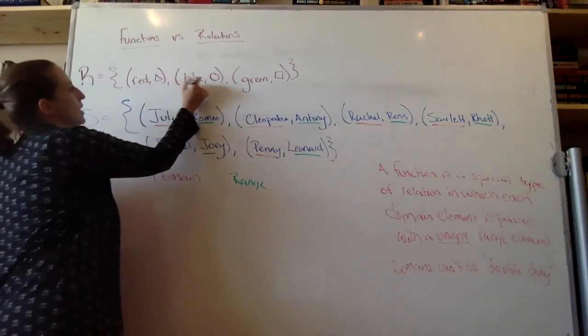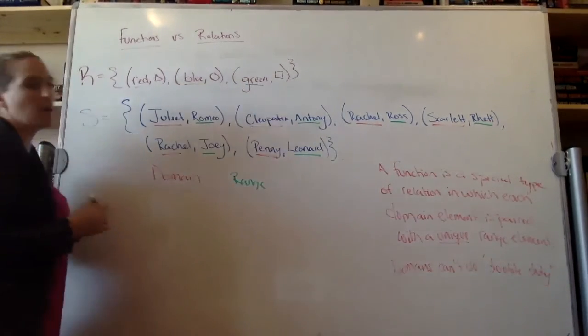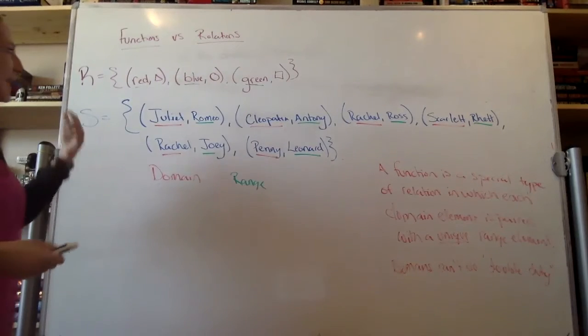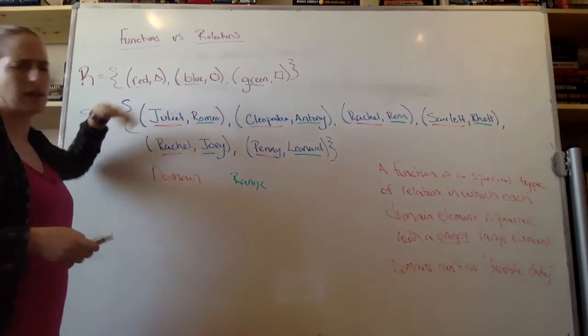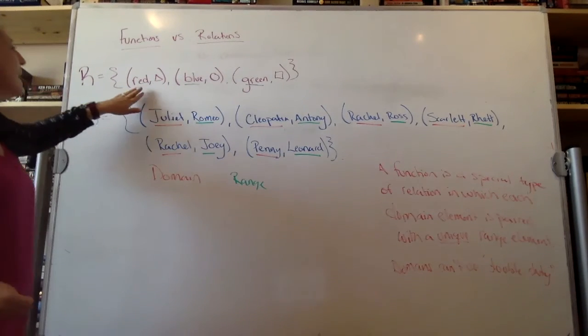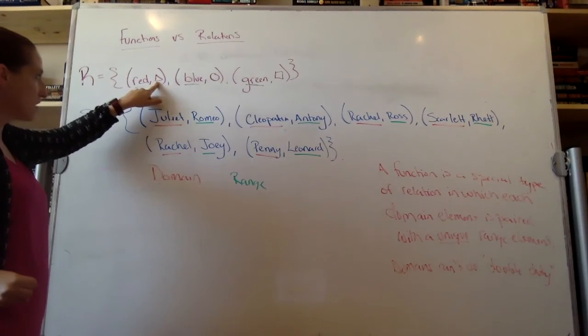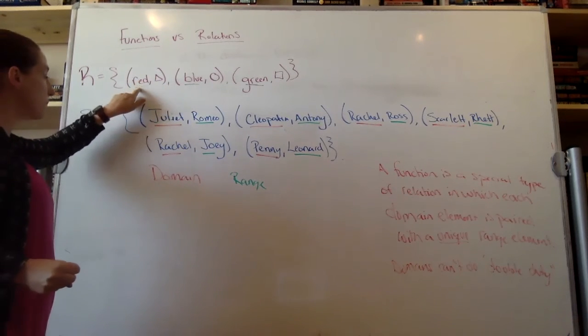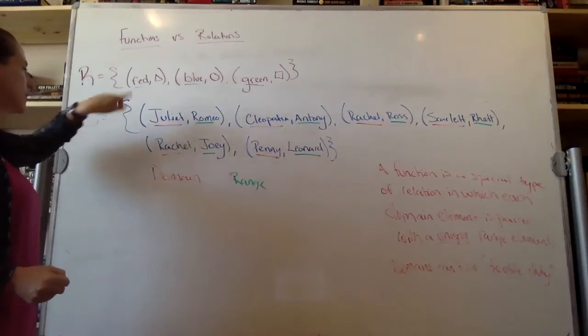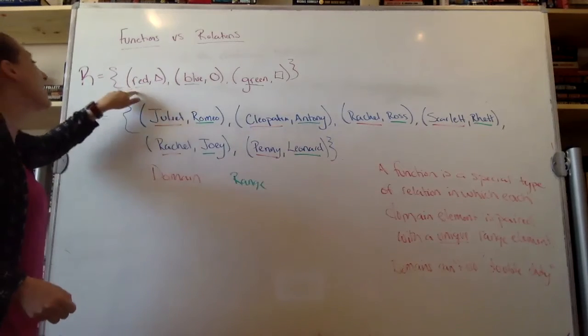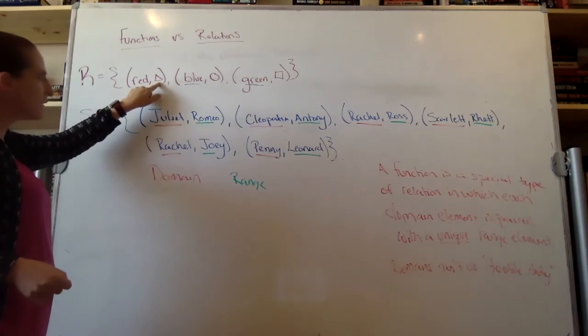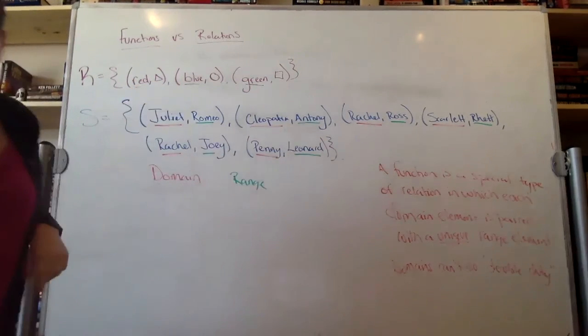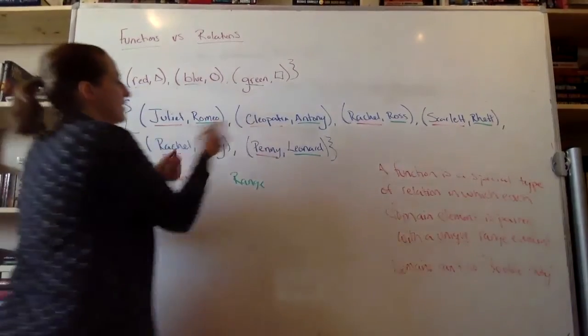Each domain element is paired with a unique range element. In other words, no domain is repeating and paired with something else. I don't have a red triangle and a red star. The only thing that's red is going to be my triangle. So this is a function.